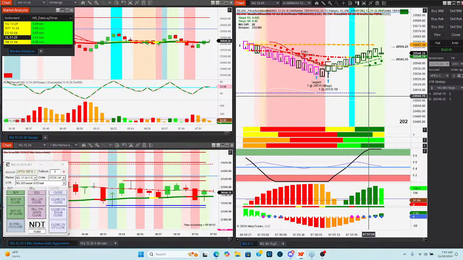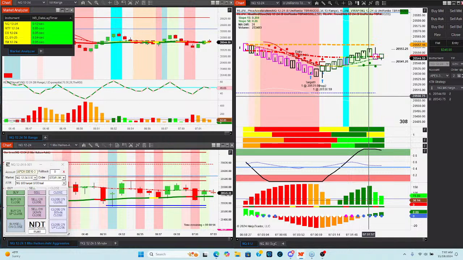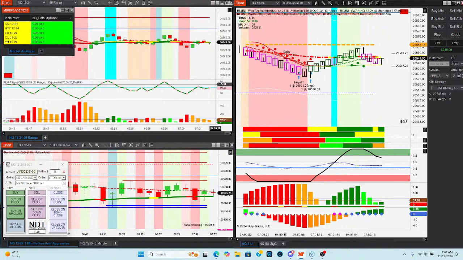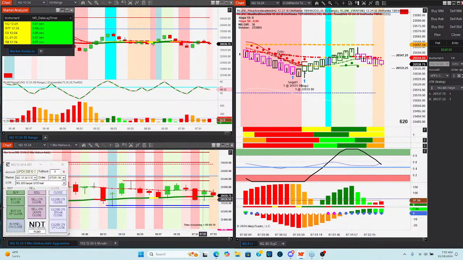If I can do it under 5 trades, that's bonus. Now I gotta really be careful. I need to get through this 1 minute here. This is showing a little too much support through here.